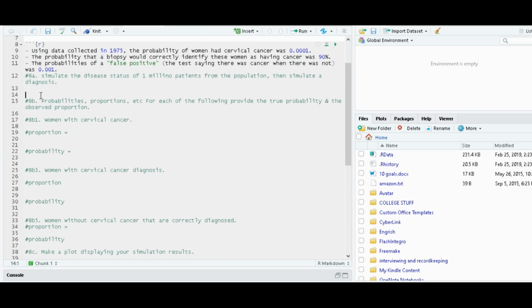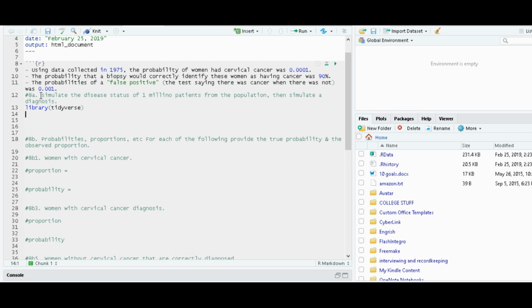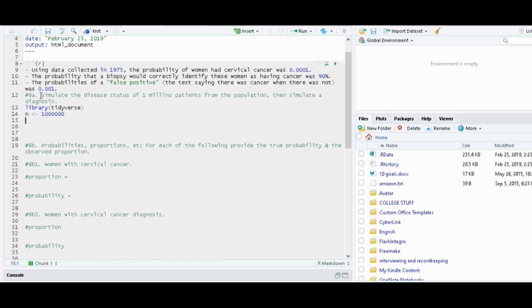So, as you know, the best and first thing to do is to upload tidyverse. Okay? Cool. And now we are going to make vectors for all the things we need. Like we want 1,000,000 patients. We want the probability of cancer, which is 1 in 10,000.